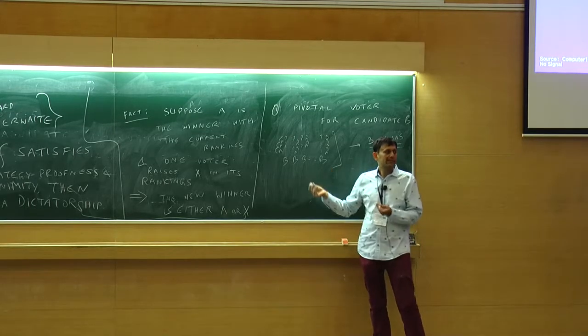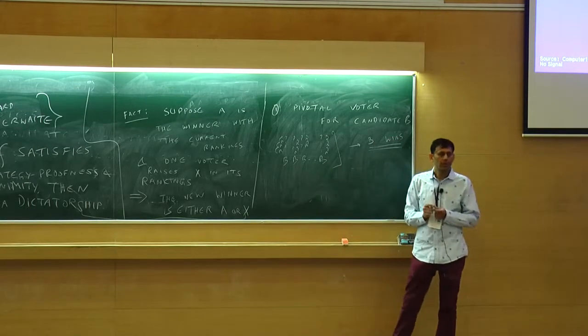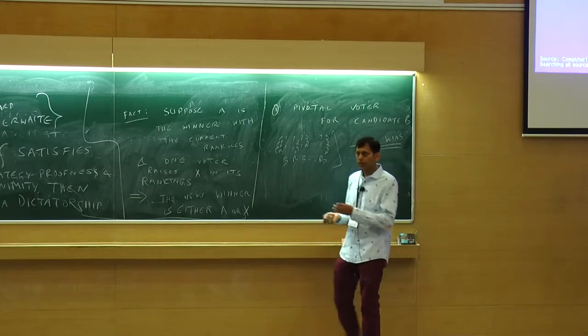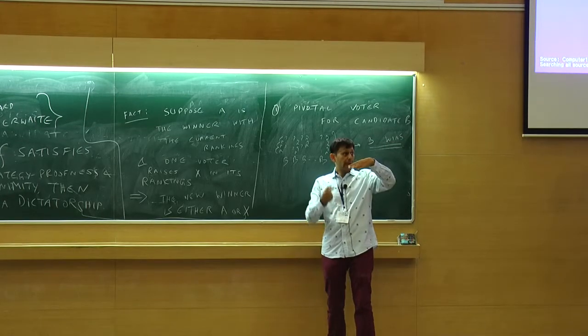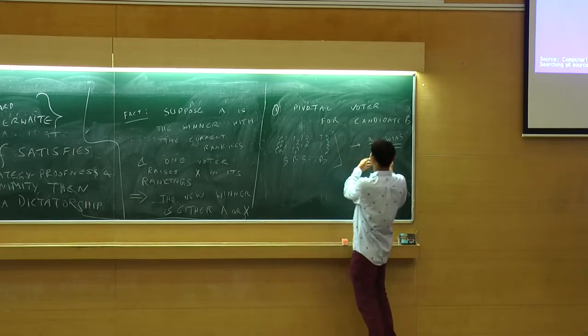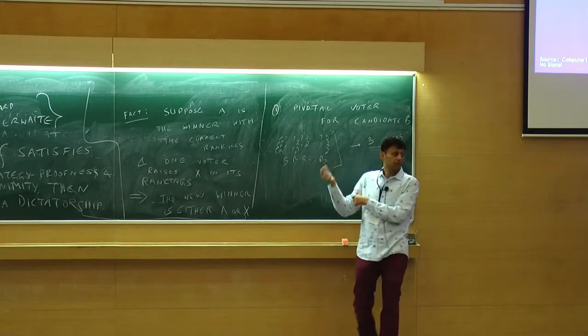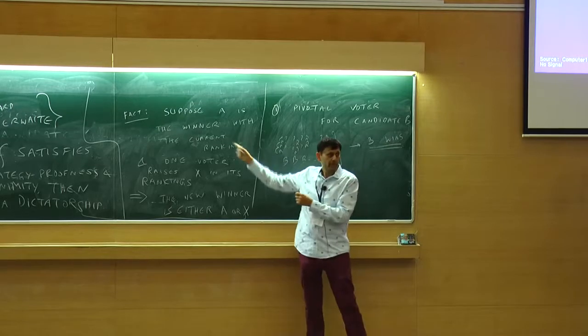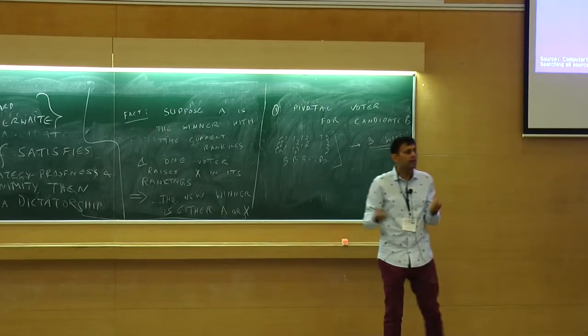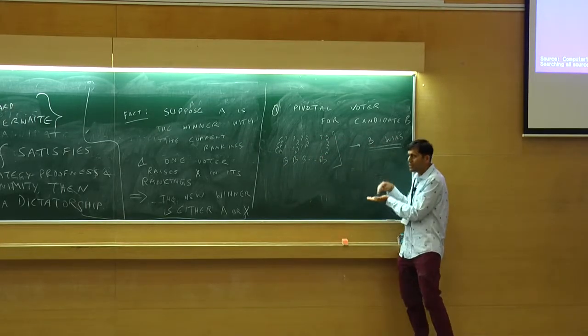When A is at the top, what do we know? A must win by unanimity. So there must have been some point at which A wasn't winning before because B was winning earlier, and A starts to win. Nobody else can win by that fact. As you're raising A, either B will keep winning or A will win. So there will be some point where A wasn't winning and now A wins.